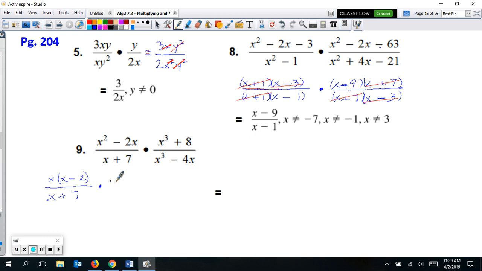And we'll say times. And now this next fraction. Now this right here, we need to remember this is called a sum of cubes. This is a sum of cubes where it's got x to the third plus 8. It's a binomial, a special binomial called a sum of cubes. And so that has a special way of factoring, remember, as we did that back in chapter 4.